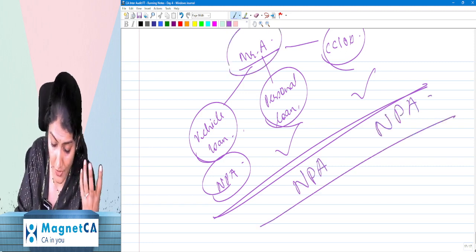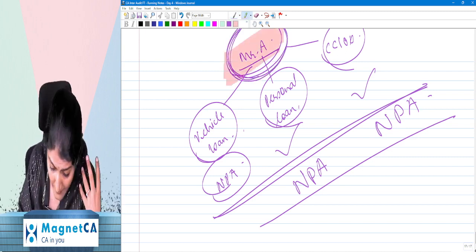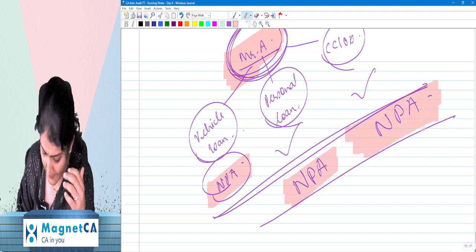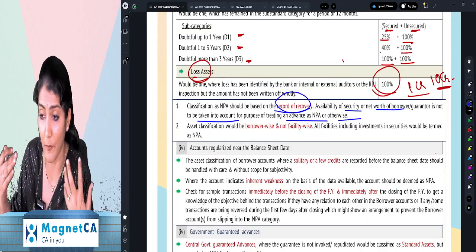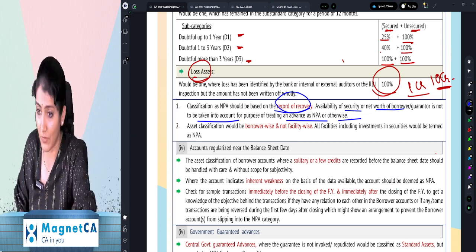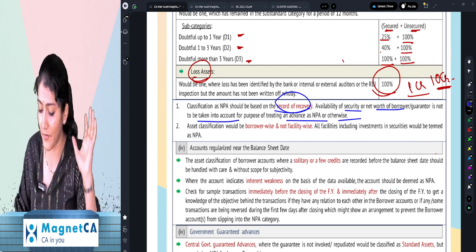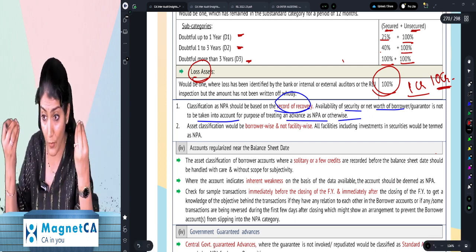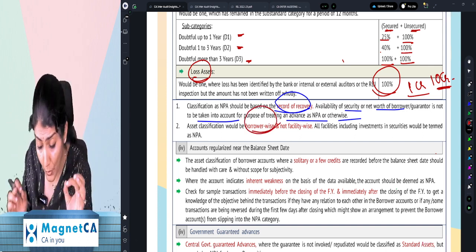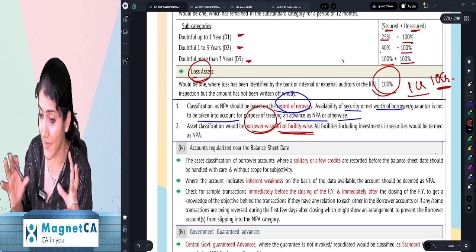Asset classification is borrower-wise and not facility-wise. If any one facility given to a borrower becomes an NPA, all the facilities given to the same borrower become an NPA. You cannot say, the other 2 loans he is repaying on time. No. If any one of them is not paid on time, all of them are to be treated as an NPA. And prudence, conservative. So asset classification is to be done borrower-wise and not facility-wise.